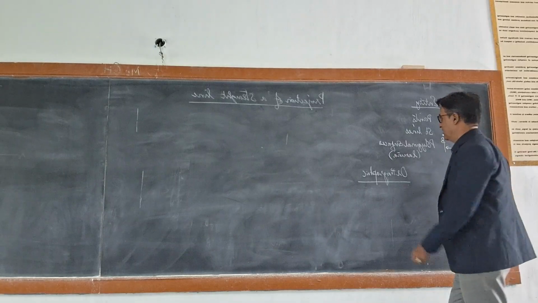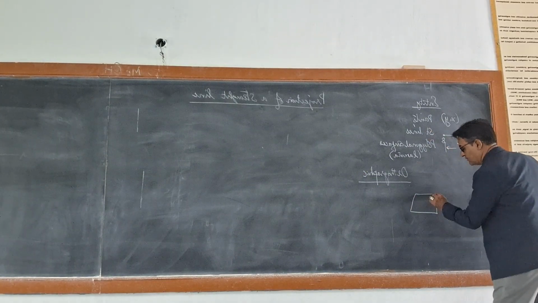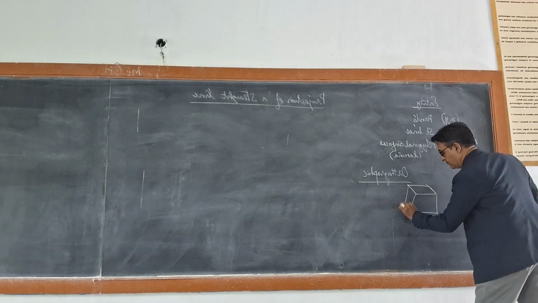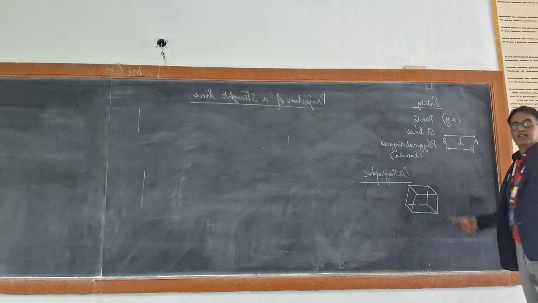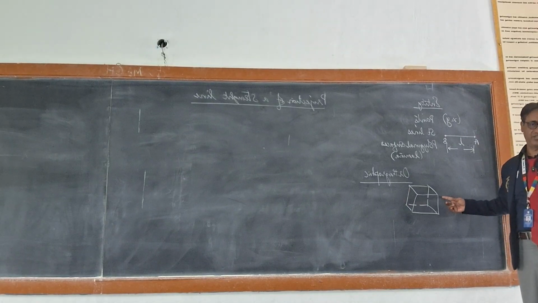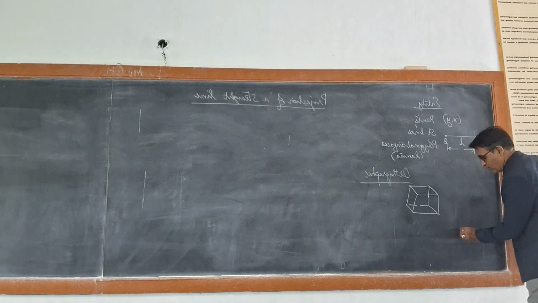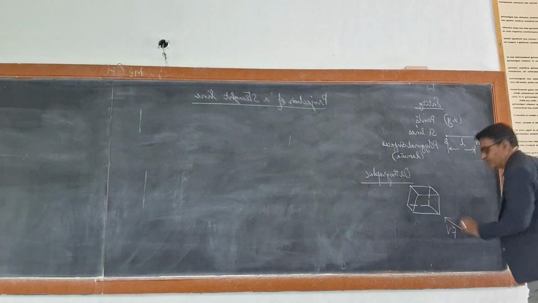So, for example, if I have a cuboid or cube, a three-dimensional object, there are about 6 possible viewing directions. An observer can view from here, which I call the front view.